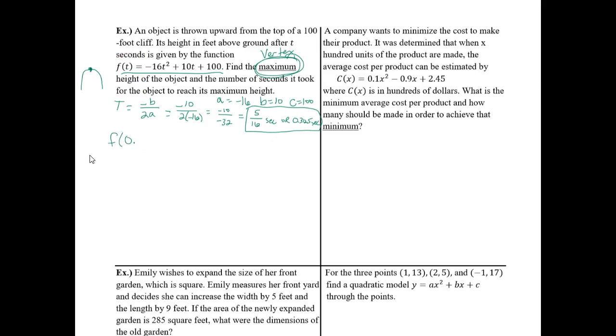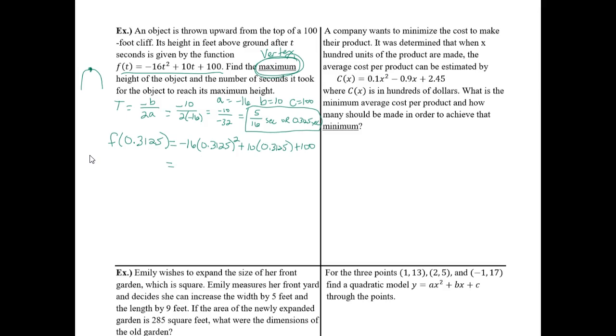So f of, I'm going to go ahead and use the decimal form here. And everywhere we see a t, we're going to replace it with 0.3125. So negative 16 times 0.3125 squared plus 10 times 0.3125 plus 100.